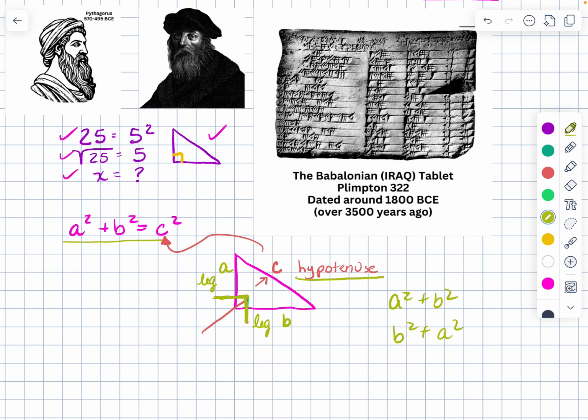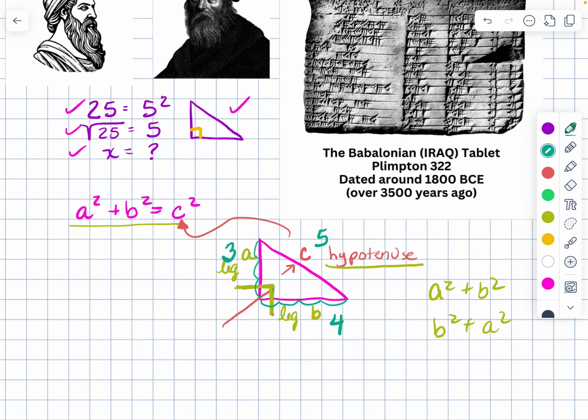Okay, so now we've got everything set up and in place, and I've actually drawn this to scale. I've drawn leg A, 1, 2, 3, is 3 units long, and leg B is 1, 2, 3, 4 units long, and then C is 5 units long. If I were to rotate this, it should line up and be 5 of those units.